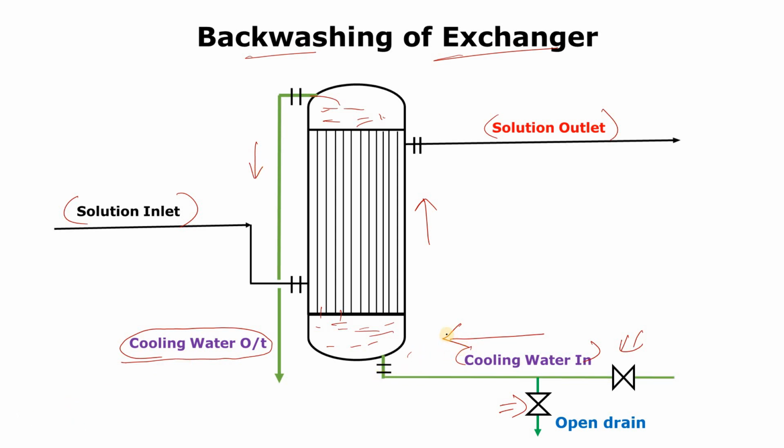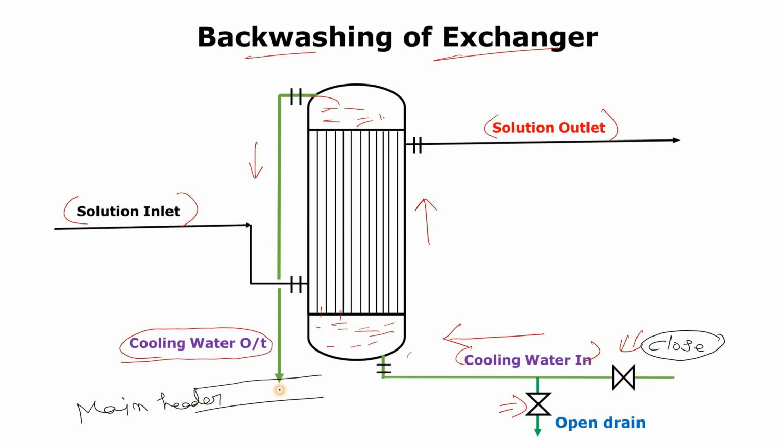But in the case of backwashing or back flushing, first we close this IV. It means that now the cooling water inlet is closed. Then your cooling water is not going from here. Now this outlet line will be connected with the main header.